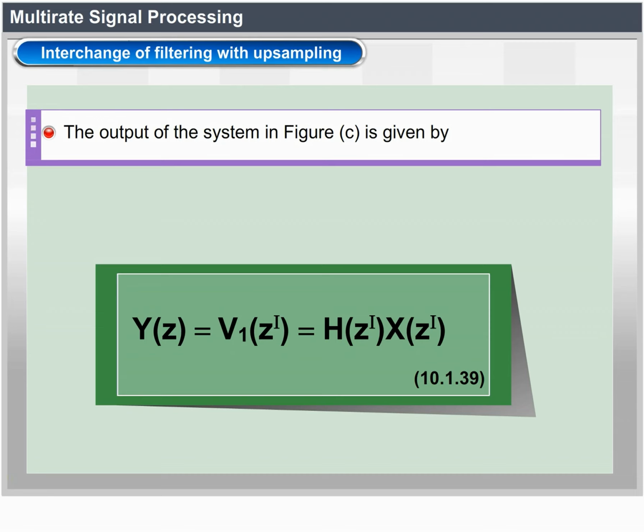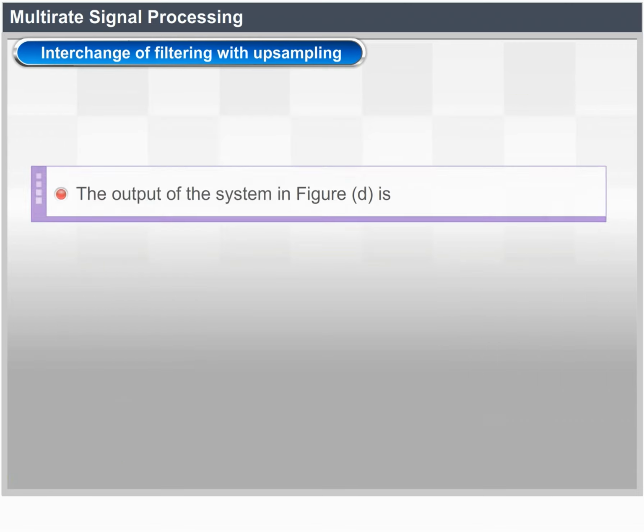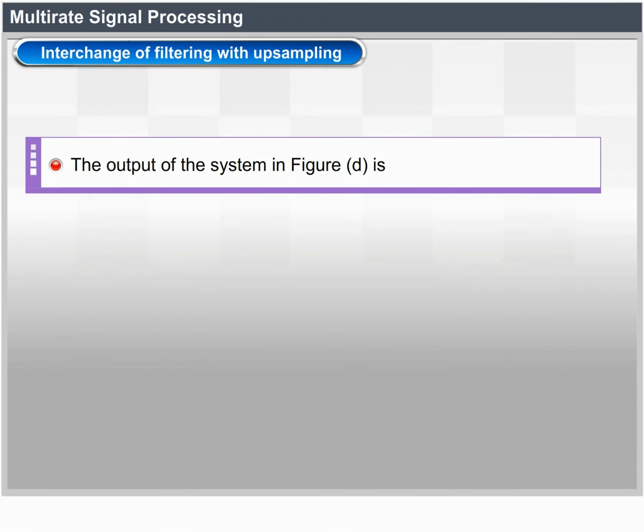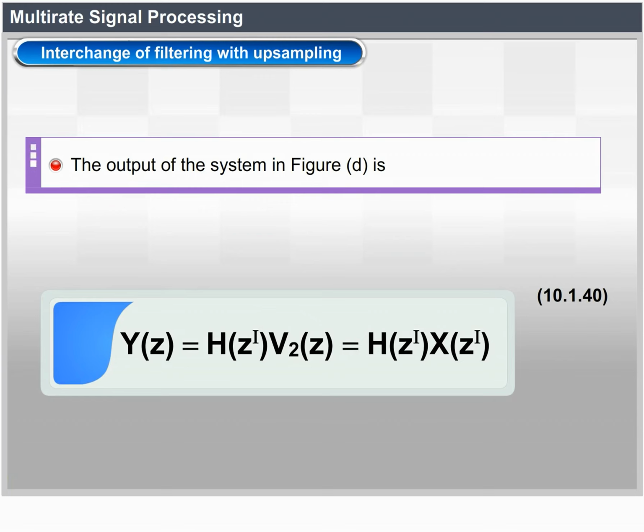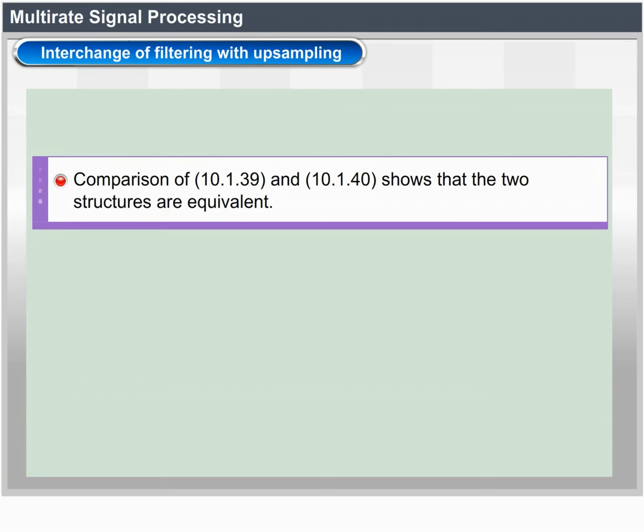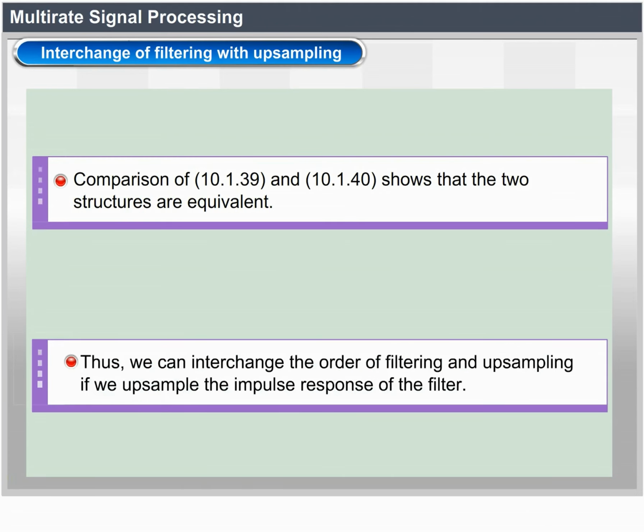The output of the system in figure D is Y(z) = H(z^I) V2(z) = H(z^I) X(z^I), called equation 10.1.40. Comparison of 10.1.39 and 10.1.40 shows that the two structures are equivalent. Thus, we can interchange the order of filtering and upsampling if we upsample the impulse response of the filter.